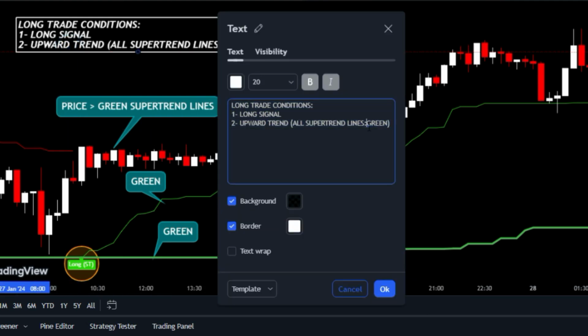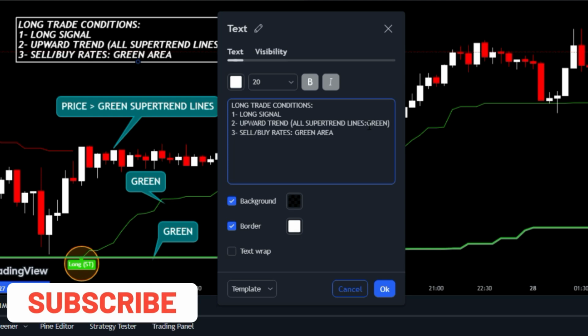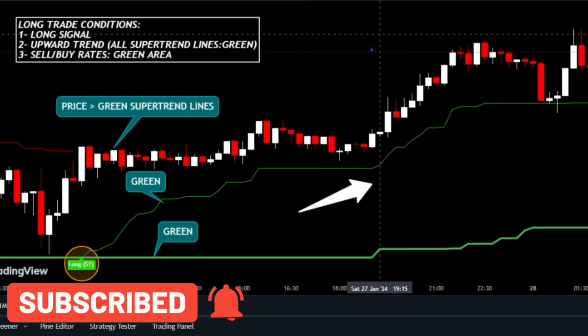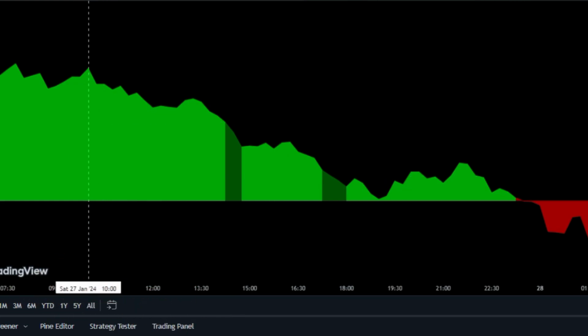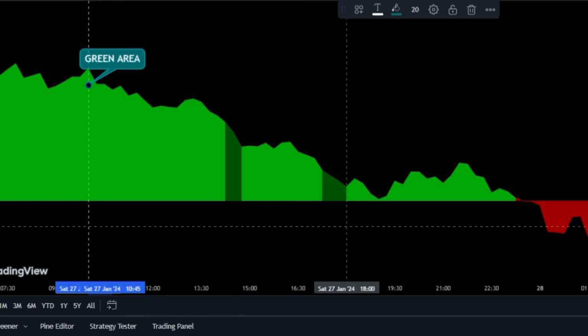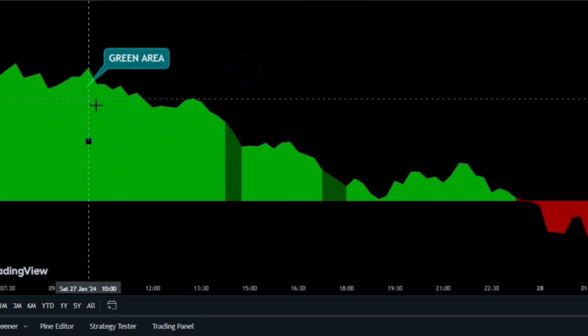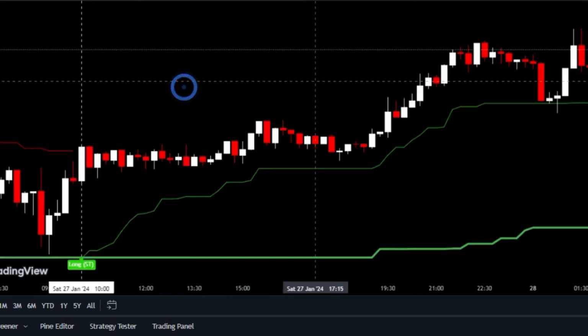For the final step, the sell-buy rates indicator should display a green color to affirm the long signal. Once these conditions are all met, you can proceed to enter a long position.